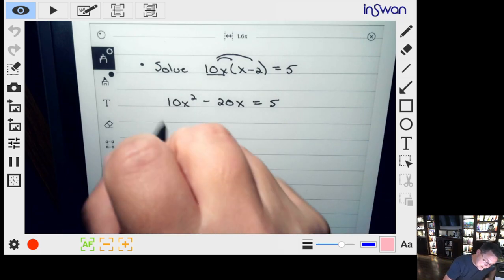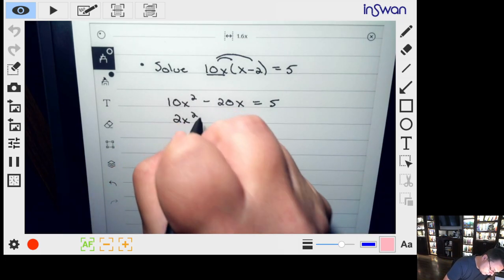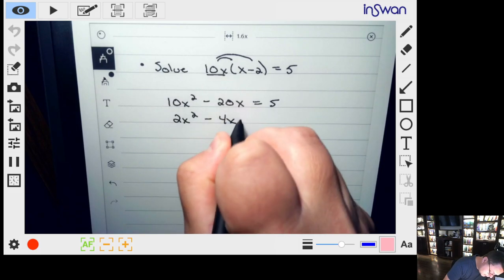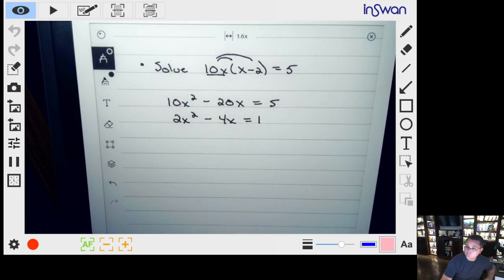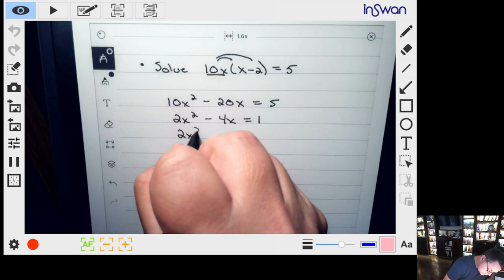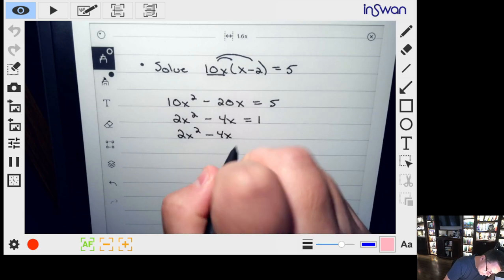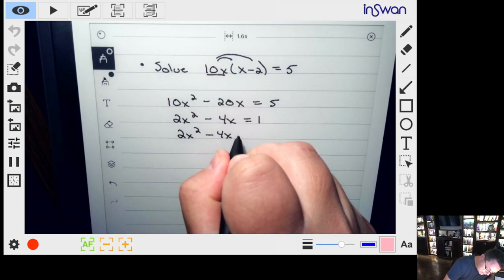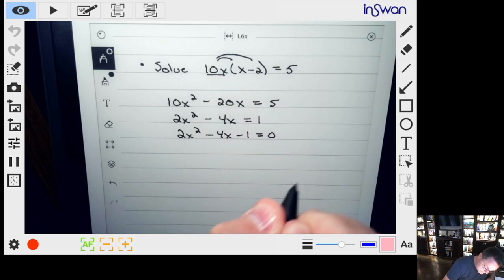If I divide everything by 5, I get 2x squared minus 4x is equal to 1. Now we'll move the 1 over to the other side, so I have 2x squared minus 4x minus 1 is equal to 0.